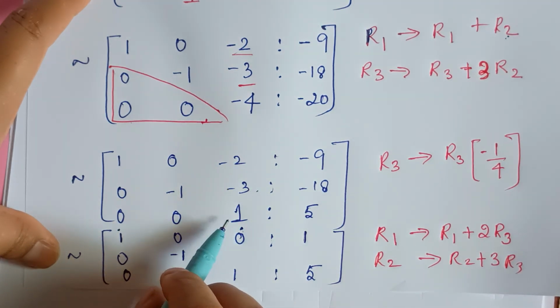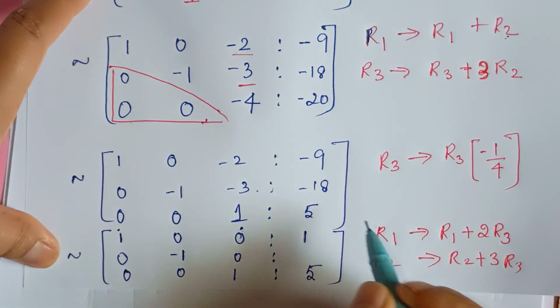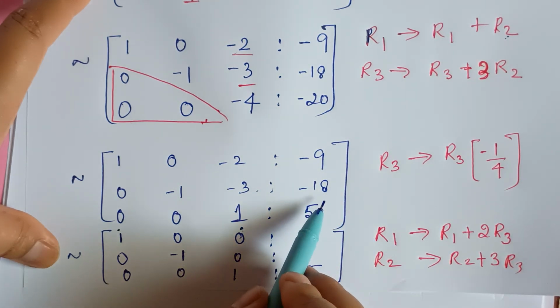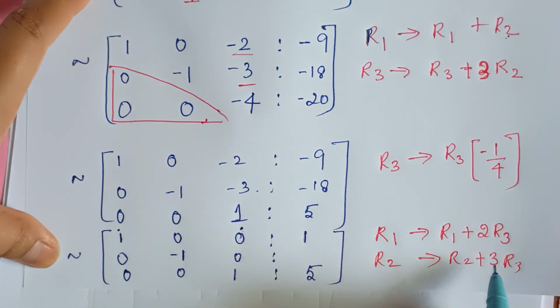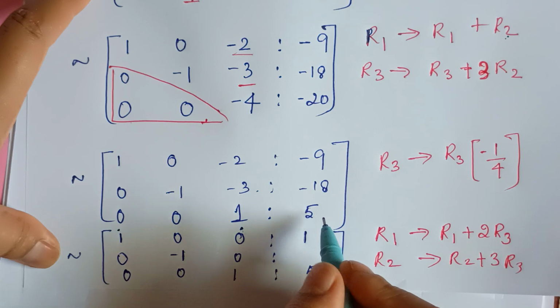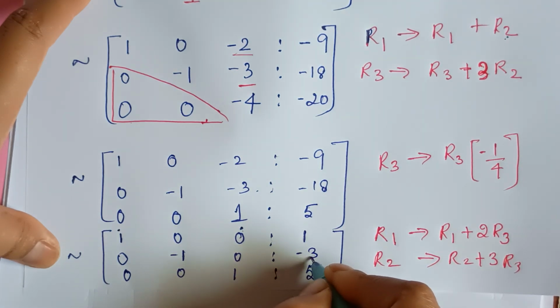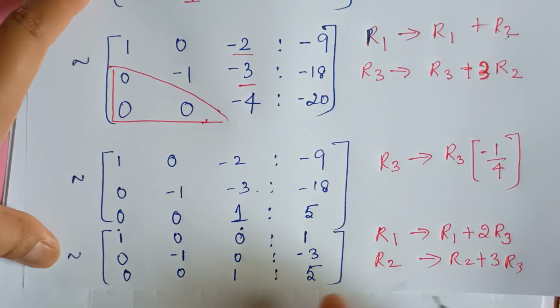Minus 3 plus 3, it is going to be 0. Minus 18 plus 3 times 5, this is 15. Minus 18 plus 15 is going to give me minus 3. I hope it is clear.